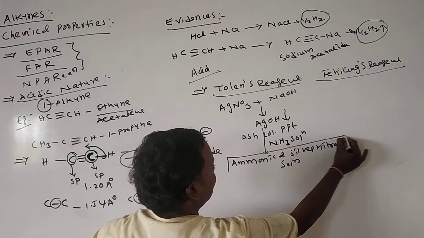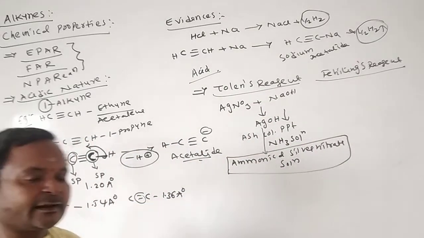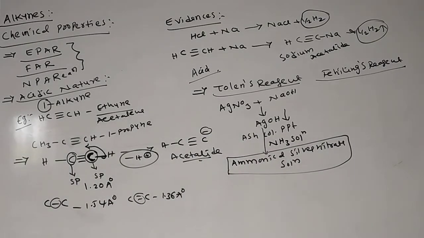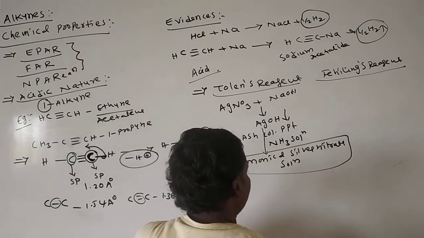This ammoniacal silver nitrate solution we call Tollens reagent. What is the chemical name of Tollens reagent? Ammoniacal silver nitrate solution is called Tollens reagent.